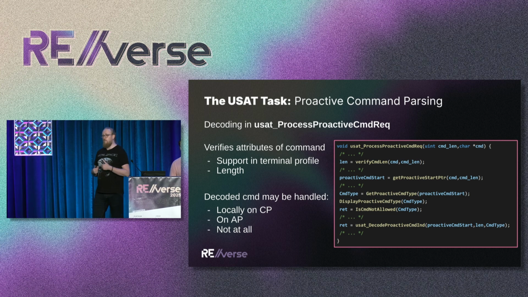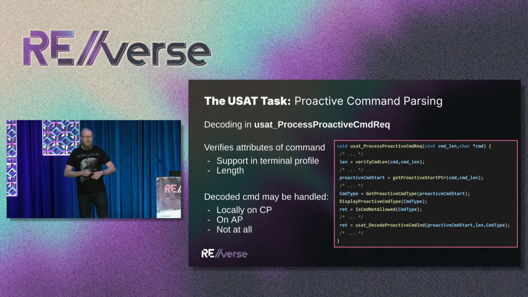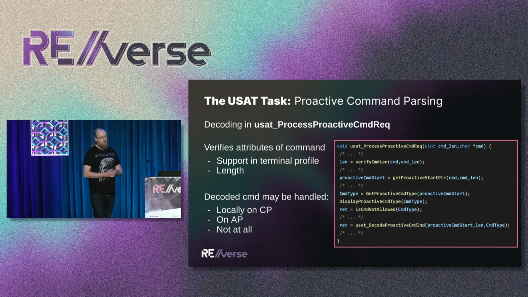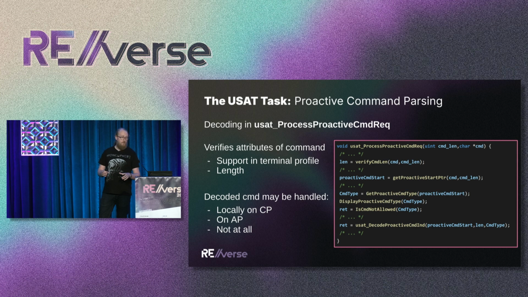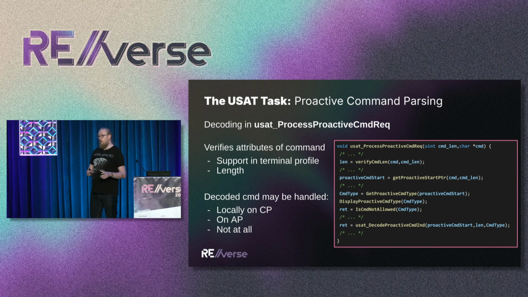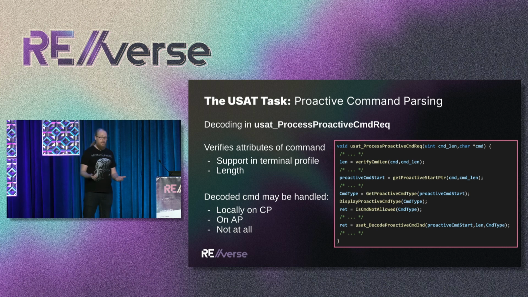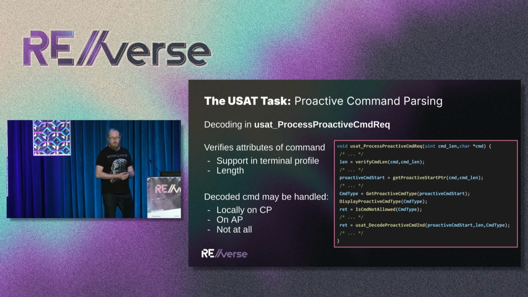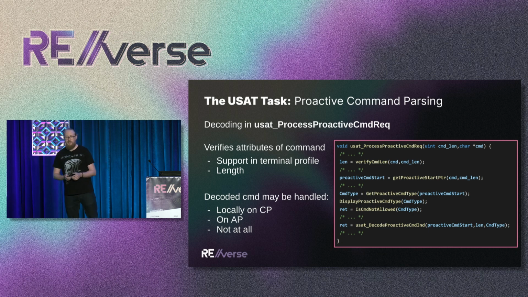For instance, if it's supported according to the terminal profile, if the length looks all right, so basic verification. And then this task will decide whether the proactive command can be handled locally, so this means on the CP itself, or not locally, in which case it would be forwarded to the AP, the application processor, because maybe it needs to handle it. Of course, there are also some deny lists for certain proactive commands, so it could also be that a command is not handled at all.